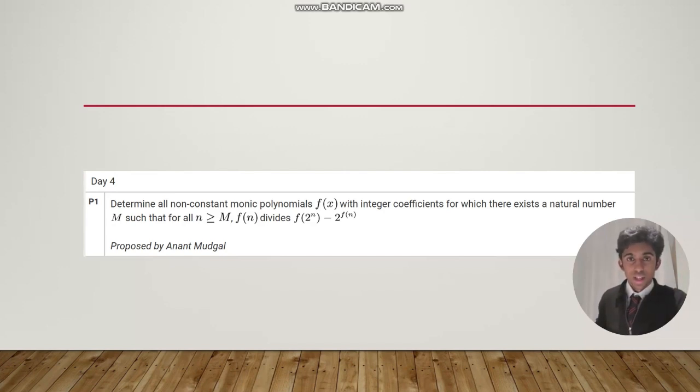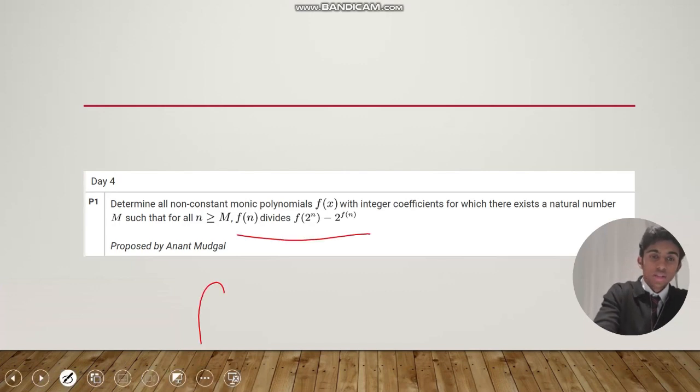We're asked to determine all integer polynomials, which, by the way, I forgot to mention, this is part two of my integer polynomial series. We're asked to determine all integer polynomials for which we have this divisibility. Let's just pull up the pen.